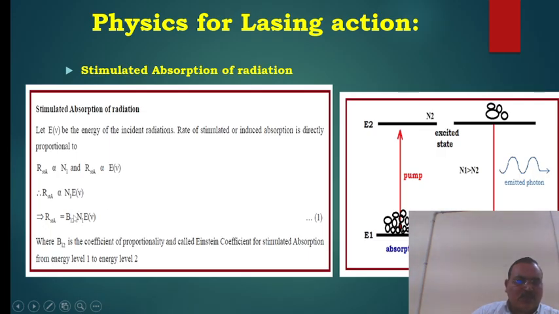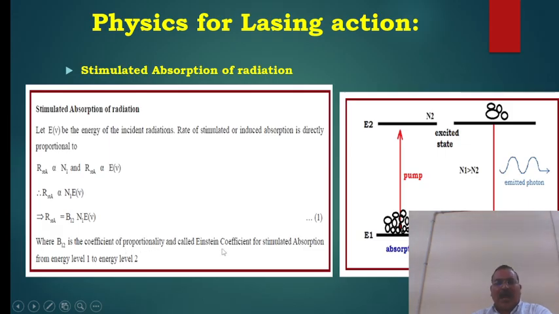In B12, 1 and 2 mean the atom has gone from the first state to the second state, where 1 stands for the ground state and 2 stands for the excited state. So this is equation number 1.